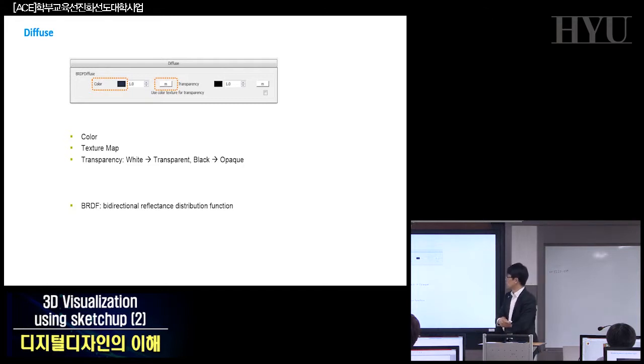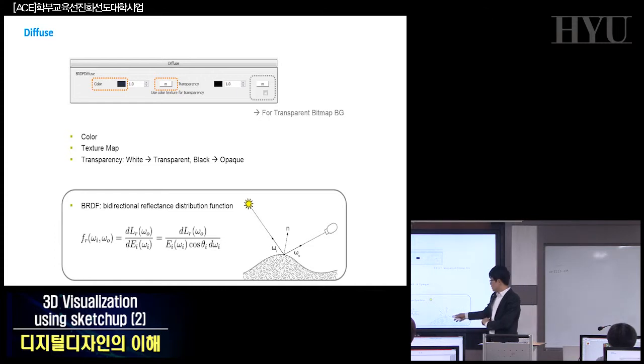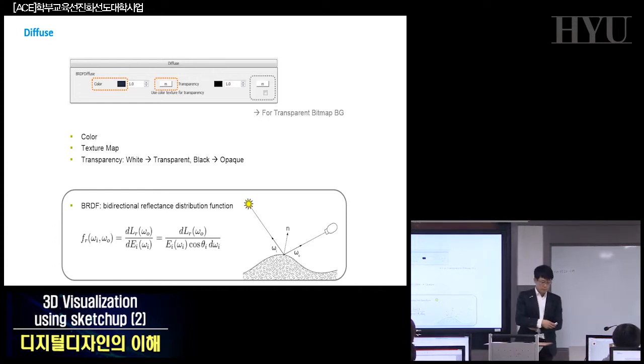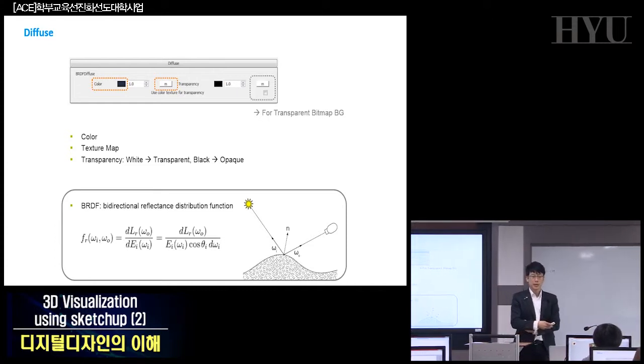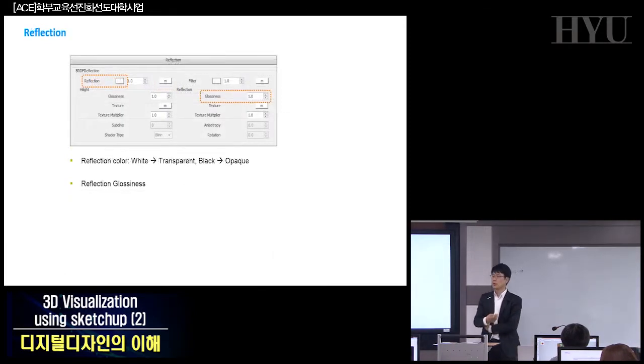On the diffuse, there is color and some texture map option. I told you it's all about lights. Something happens exactly the same as in the real world, so that you can see photorealistic rendering outcomes.